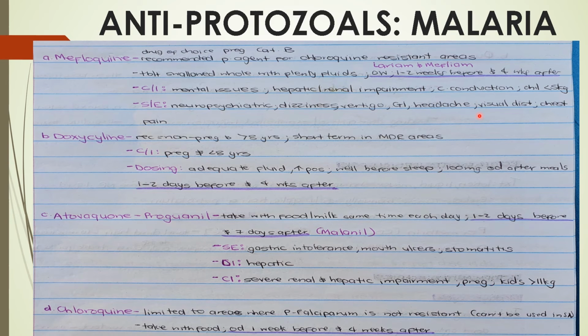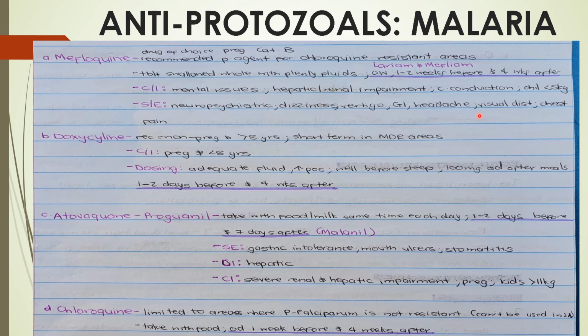Anyway, mefloquine is recommended in chloroquine resistant areas. As I mentioned, in some areas certain antiprotozoals have developed resistance because they've been overused. So there are certain areas in the world where chloroquine, which is another chemoprophylaxis that we're going to cover, doesn't work, so they'd rather give you mefloquine.